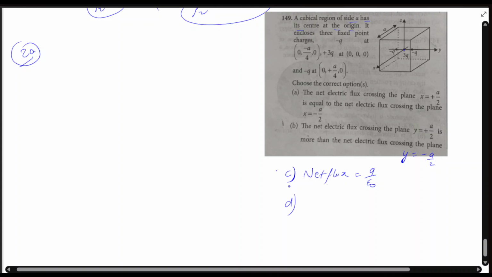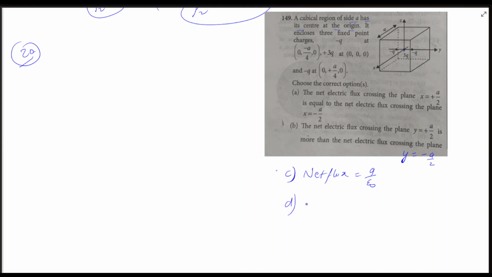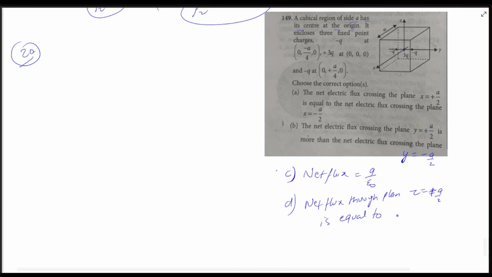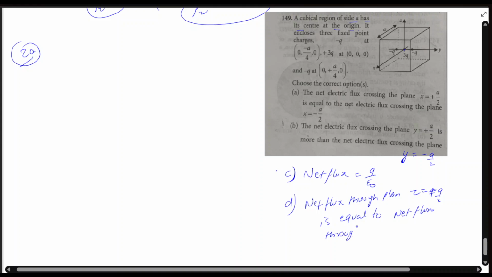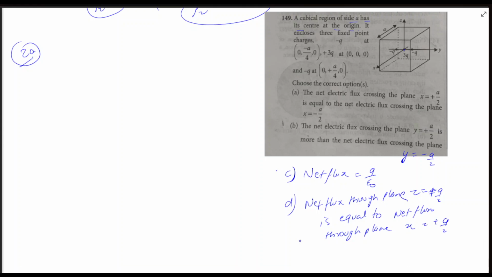Let's go. The net electric flux through plane z equals plus a by 2 is equal to the net flux through plane x equals plus a by 2, right?